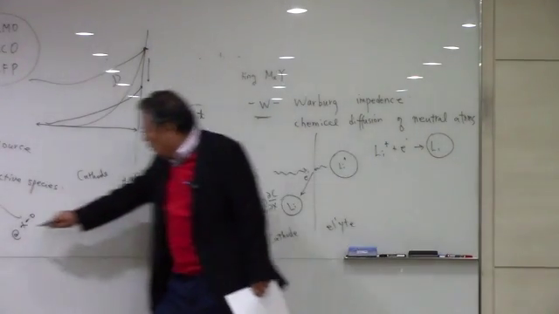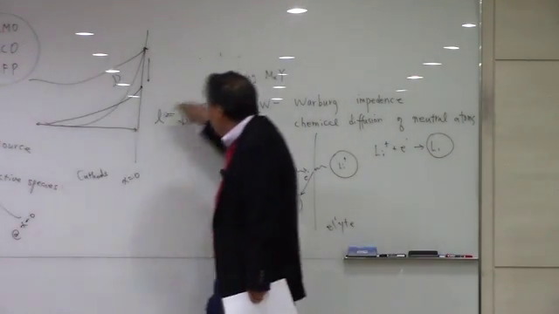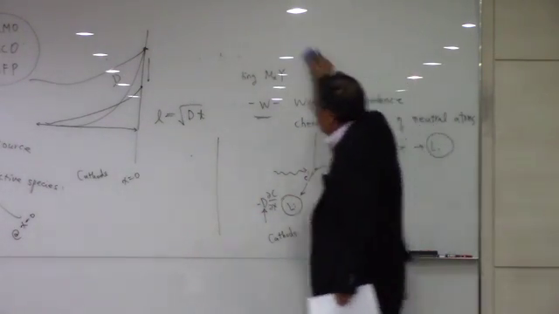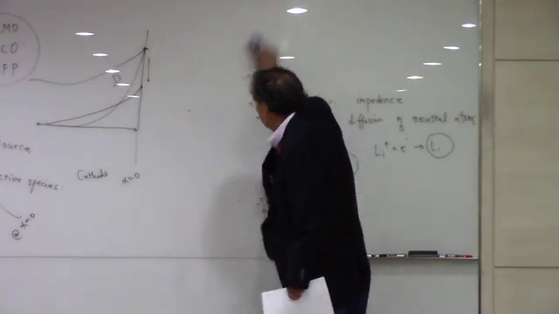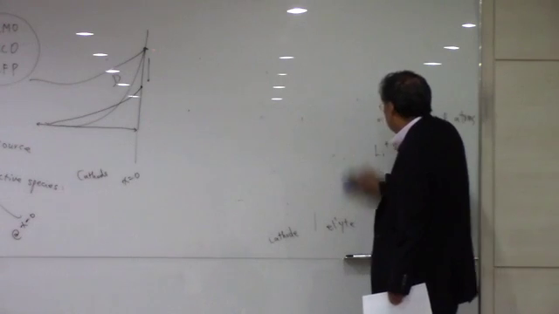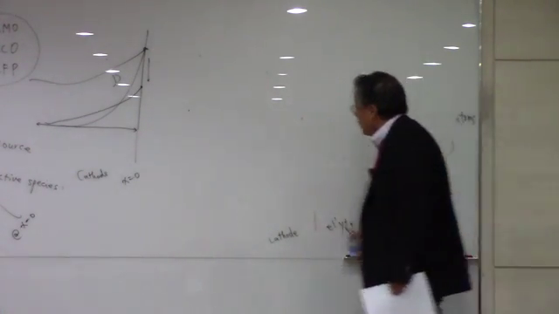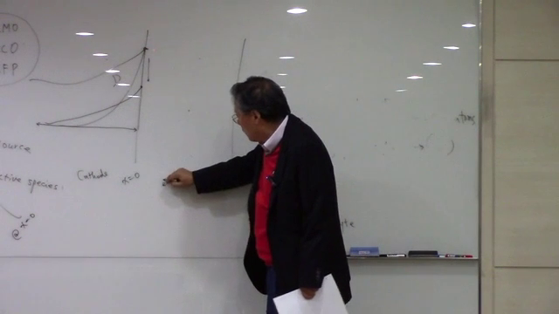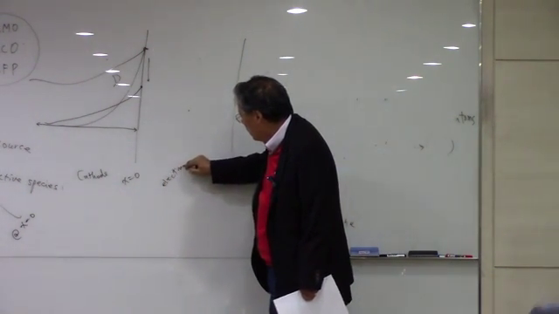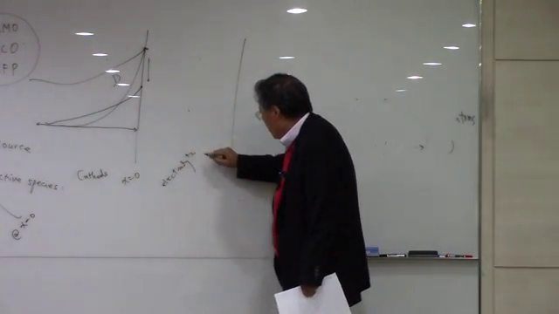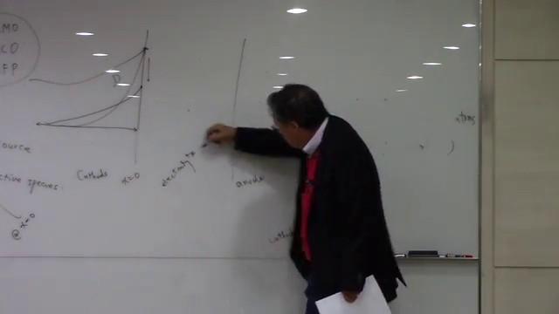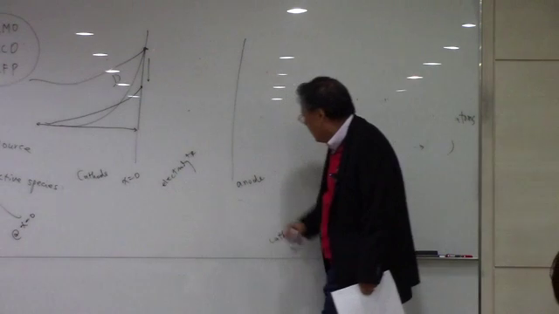Anode. Now, at the same plot here, this is the electrolyte, the anode, and the electrolyte.